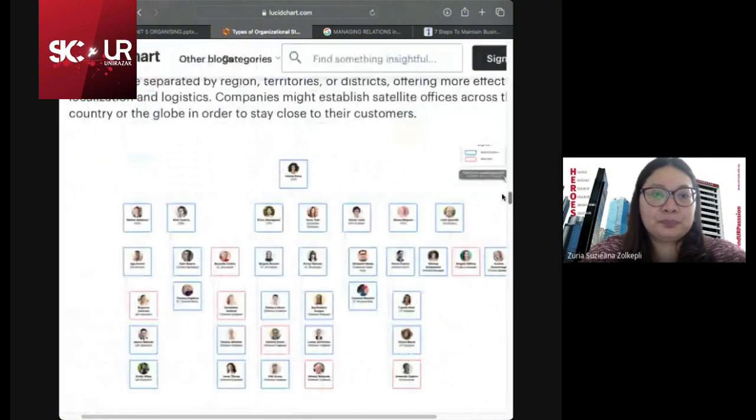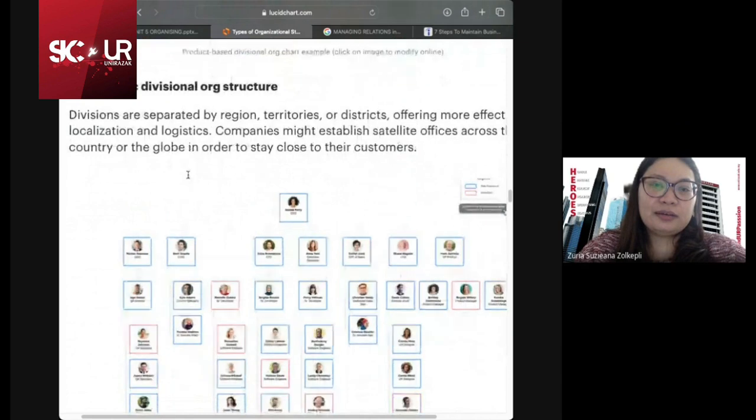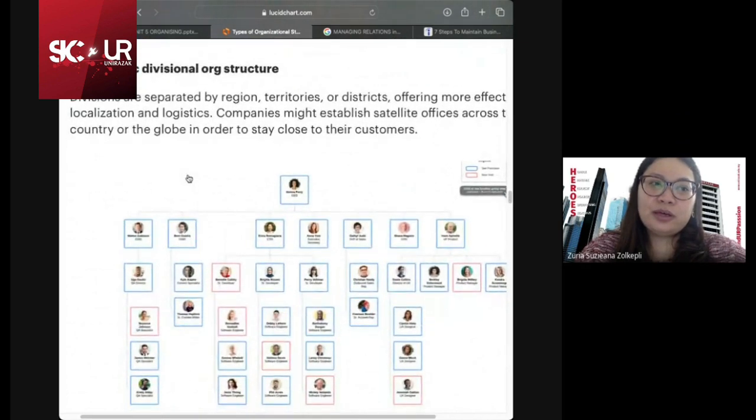This one. Okay, so we do have geographic divisional organization structure. So one of the benefits is for them to stay close to their customers. Let's say if you have a different department based on their geographic location, so this is more catered to the customer.